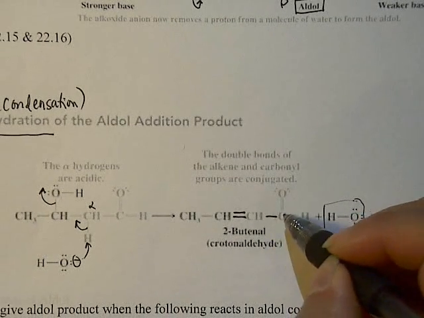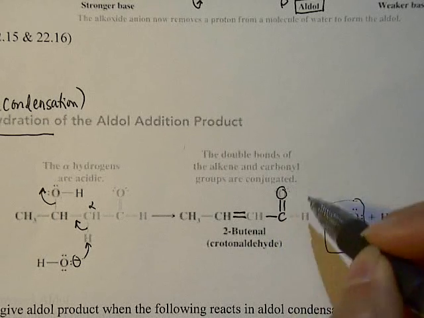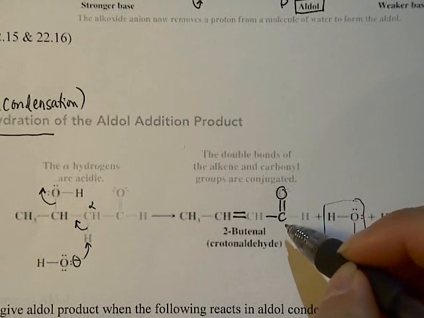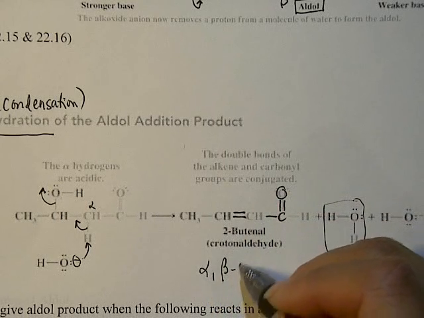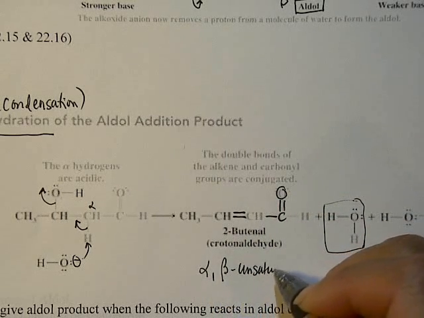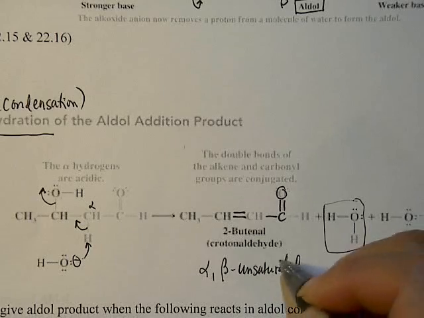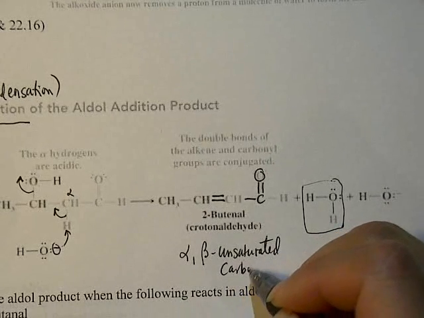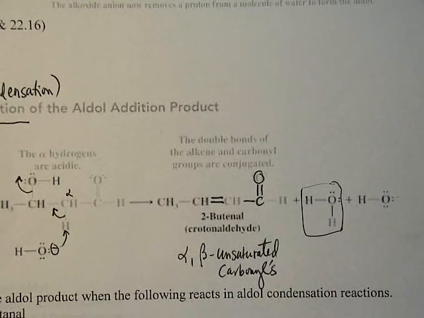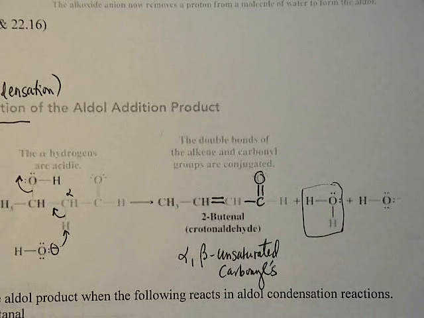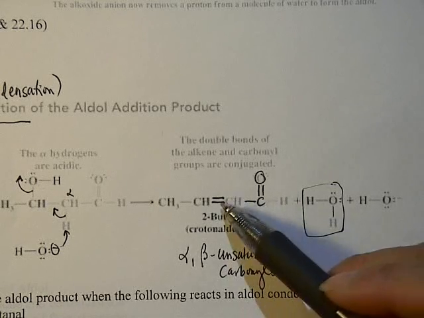So this double bond is actually in conjugation with the C double bond O, and these products are called alpha beta unsaturated carbonyls. And they're more stable than the beta hydroxy carbonyls because of the resonance stabilization.